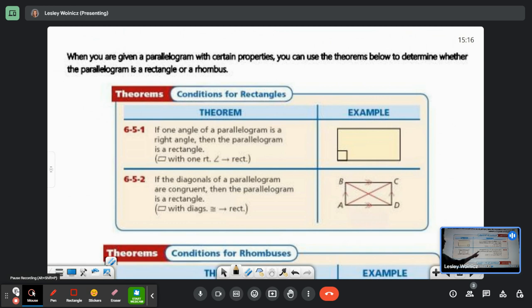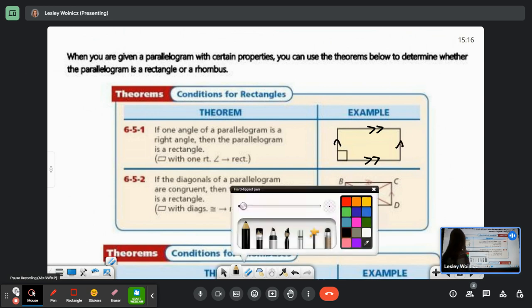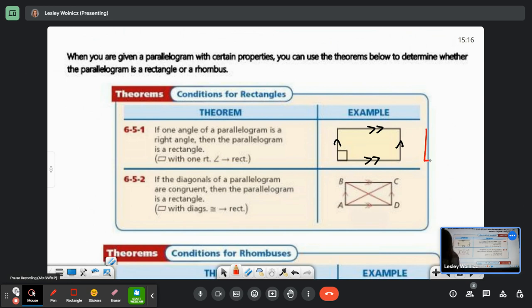If we have one angle of a parallelogram that is a right angle, then we know it's a rectangle.